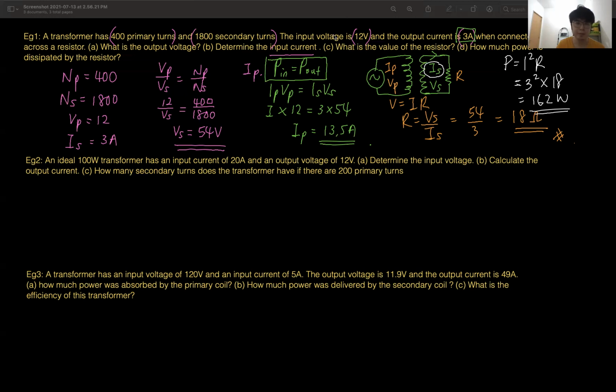Example 2. An ideal 100-watt transformer has an input current of 20, output voltage of 12. Let's write this down. Ideal 100-watt transformer, so the power is 100 watt.